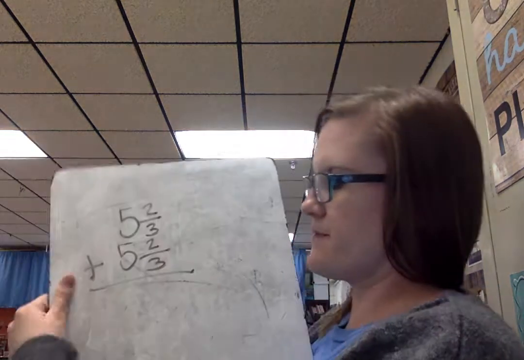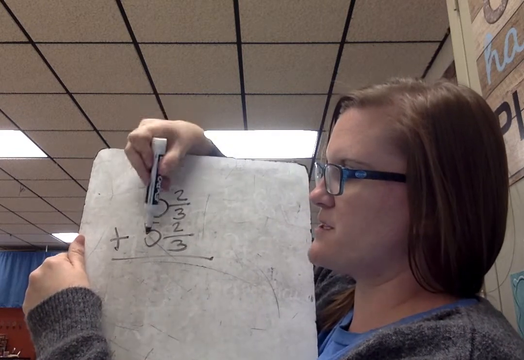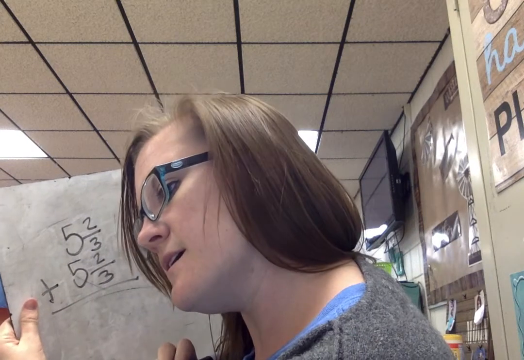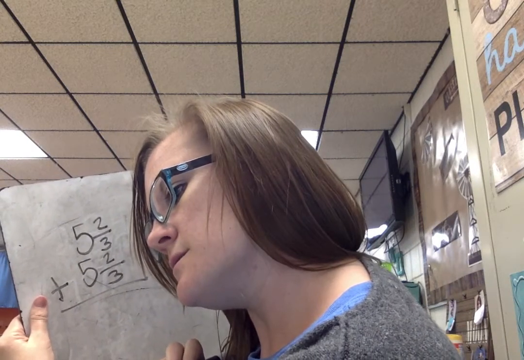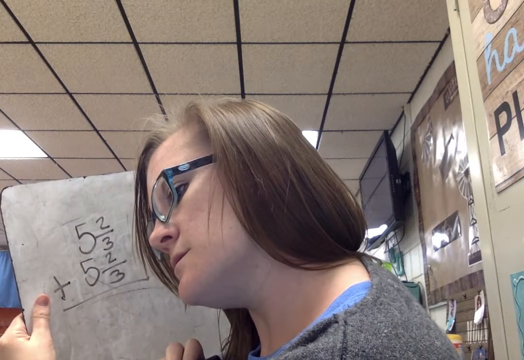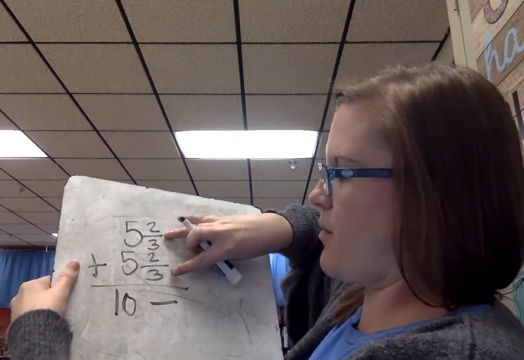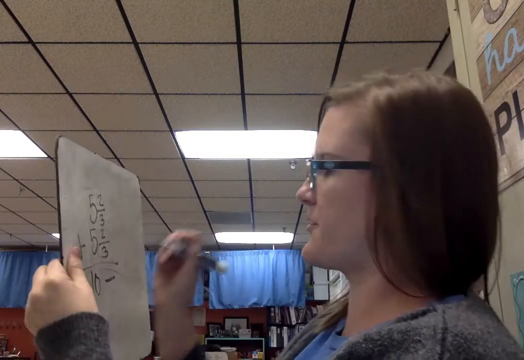So now we got 5 2/3 plus 5 2/3. Okay. So we're going to add our whole numbers first. We got 5 plus 5, which would give me 10. My denominators are going to stay the same as 3.